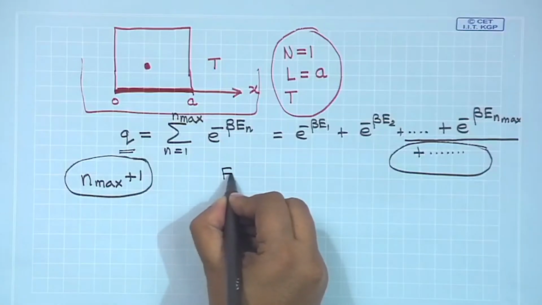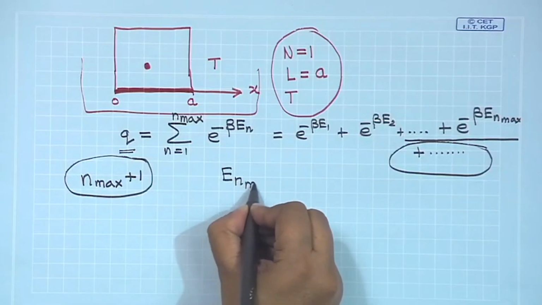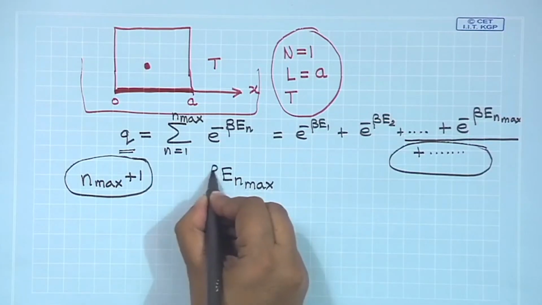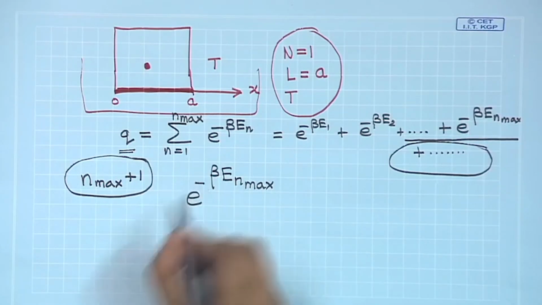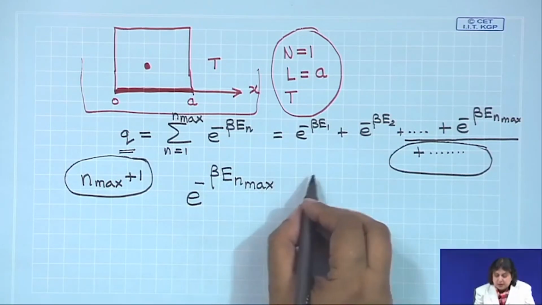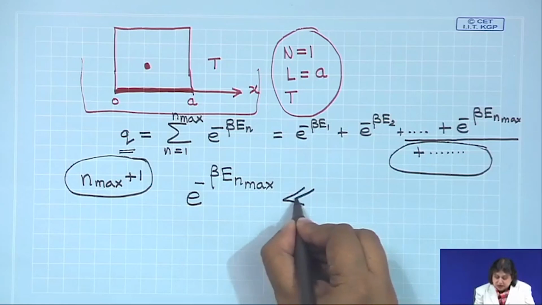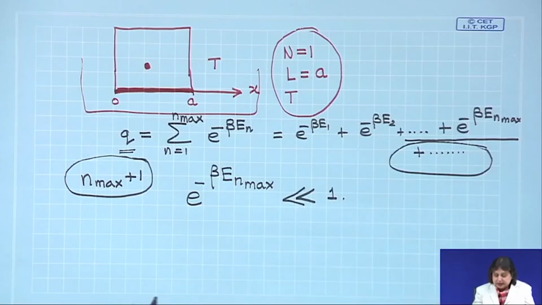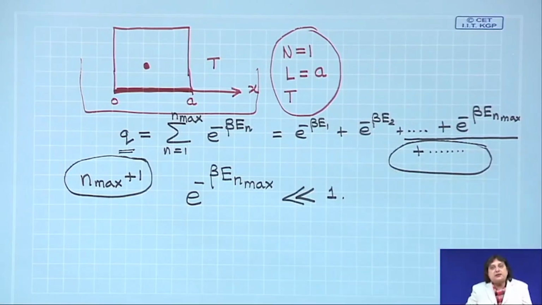So, the question that I have here is that beta E n max, when it is exponentiated like this, must give a number much less than 1, so that whatever other terms are there in this summation, they are going to be very insignificant.